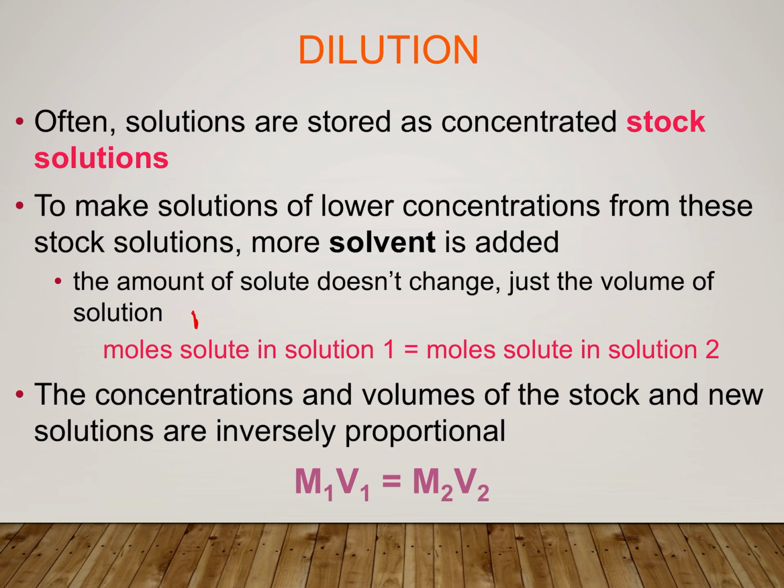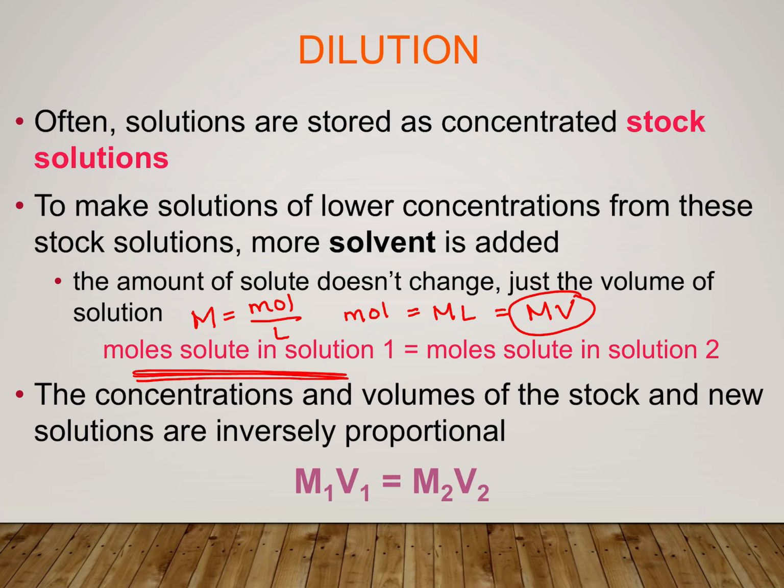So if we think about it, molarity is equal to moles over liters. To solve for moles, we rearrange this and we get molarity times liters, or, molarity times volume, essentially. And that's what we're working with down in this equation, is that the moles before dilution are going to equal our moles after dilution.